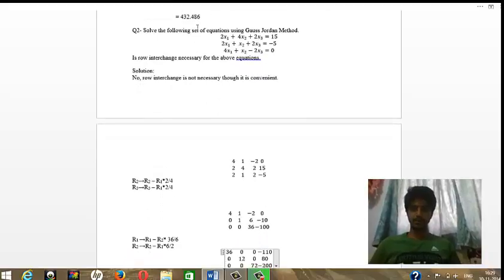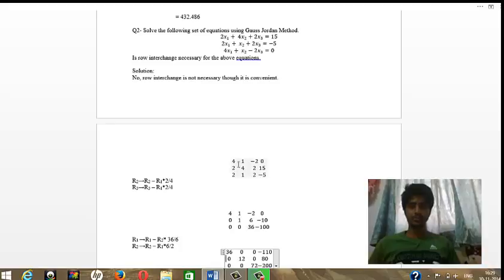First, we take all the coefficients and make a matrix: 4 2 2 1, 4 1, minus 2 2, minus 2 2 2 0, 15 and minus 5. Then basically we have to make the elements of this matrix zero as far as possible. There is a small formula.